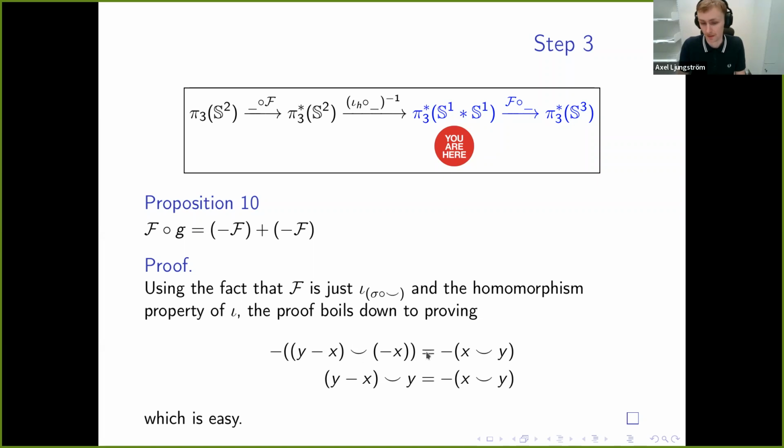These follow from some form of graded commutativity and some form of distributivity. This cup product satisfies all the properties you would expect from a cup product, so these things are actually quite easy to prove, and there you have the proposition.